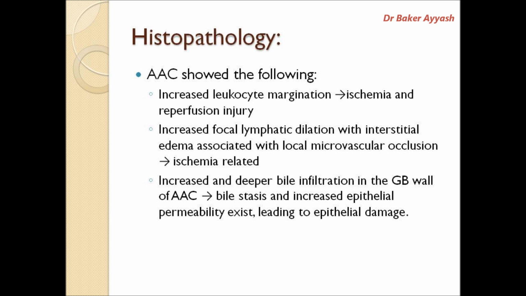The study showed the following histopathologic features of acute acalculous cholecystitis: increased leukocyte margination, and this corresponds to ischemia and reperfusion injury; increased focal lymphatic dilatation with interstitial edema associated with local microvascular occlusion, and this is ischemia related; and increased and deeper bile infiltration in the gallbladder wall, suggesting that bile stasis and increased epithelial permeability exist, leading to epithelial damage.